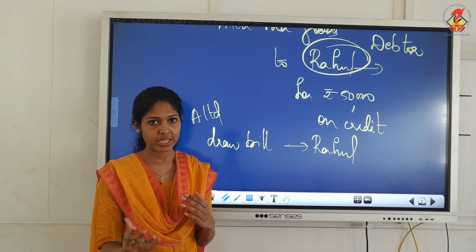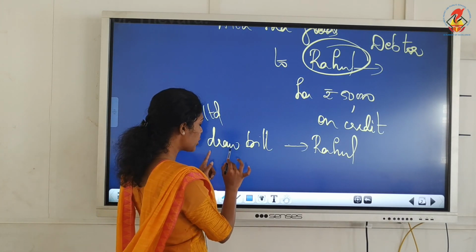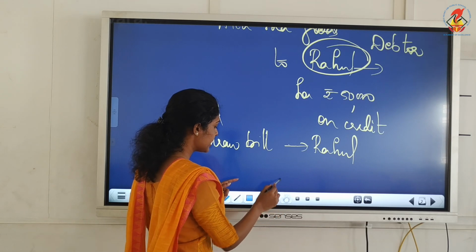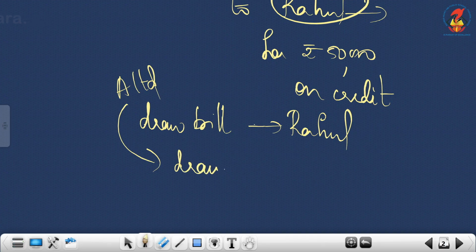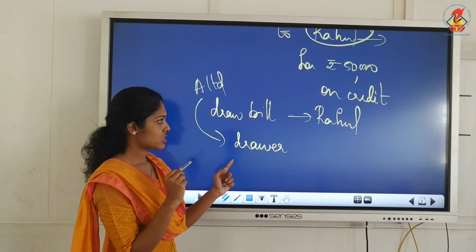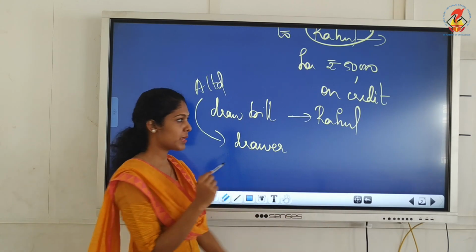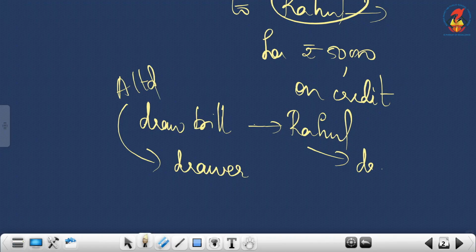a specified date. So we are drawing a bill, and one who draws the bill is to be termed as drawer. Okay, and on whom we are drawing the bill, that is Rahul, will be termed as drawee.